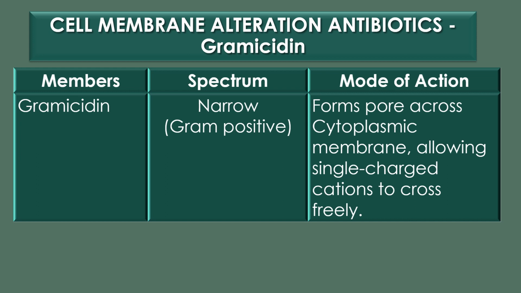Gramicidin exhibits narrow spectrum of activity against the gram-positive bacteria, and in mode of action, the gramicidin forms pores across the cytoplasmic membrane, allowing single charged cations to cross freely and alters the cell membrane of the bacteria.